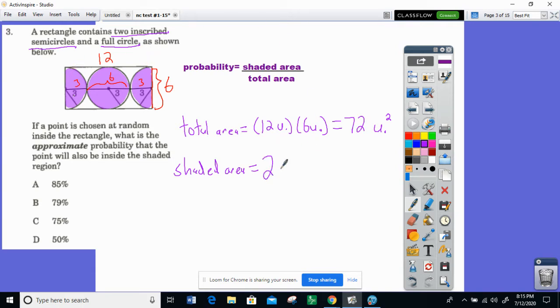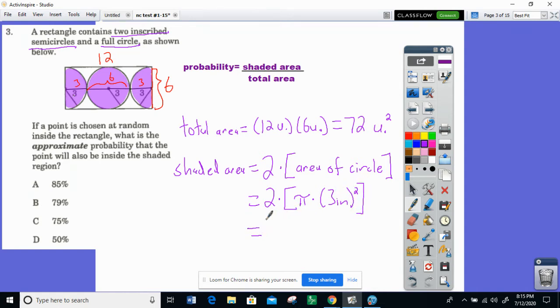So that's going to be 2 times the area of one of the circles with a radius of 3 units. So we've done the area for a circle before. That's pi times the radius squared.